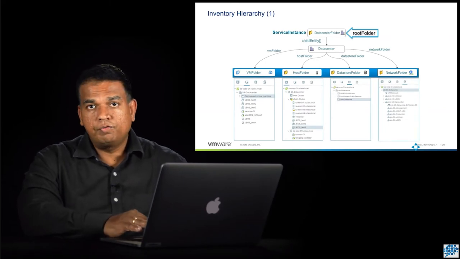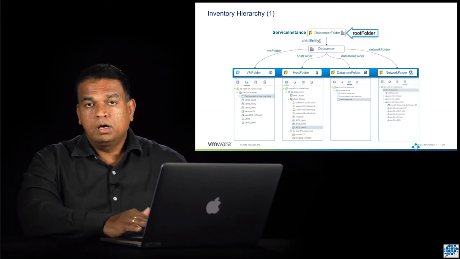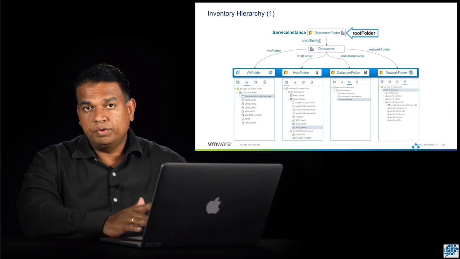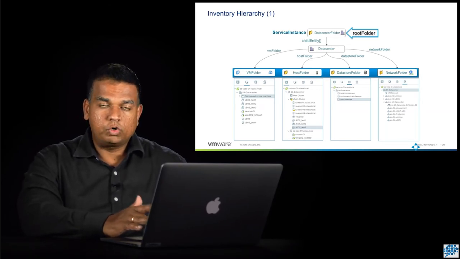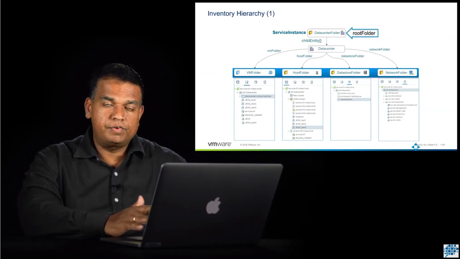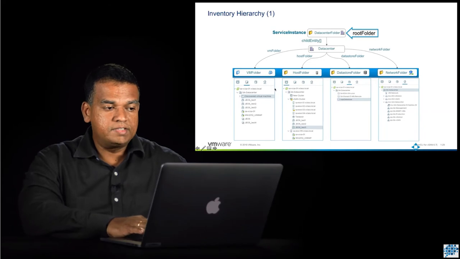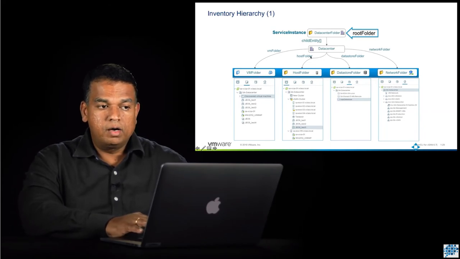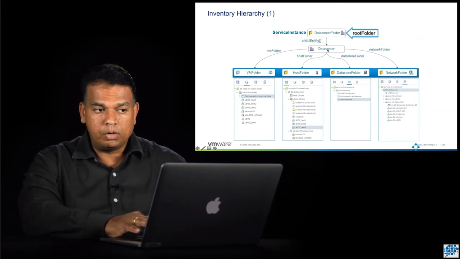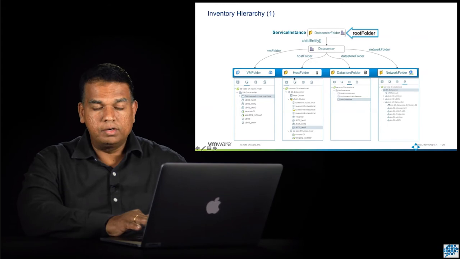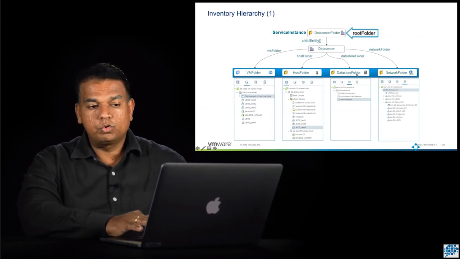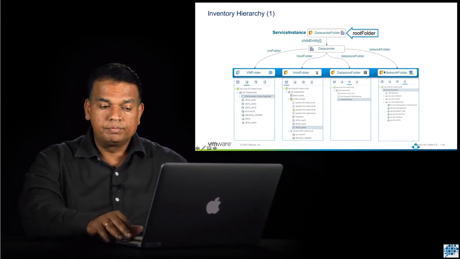We are pretty much all familiar with how the vSphere client looks when we launch it to work on the various objects inside our vSphere environment. You often see something like this, where you have the data center folder at the top with the data center name, and then various subcategories like the virtual machine folder, the host folder, the data store folder, or the network folder.